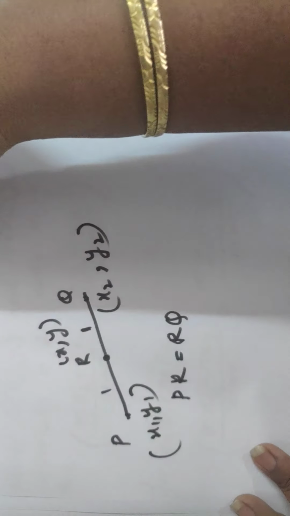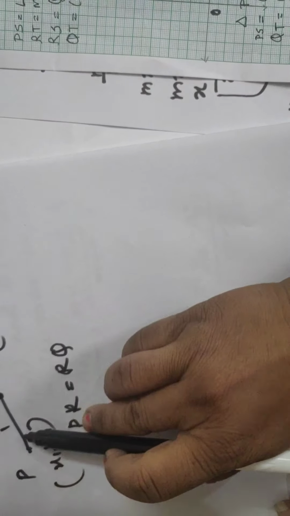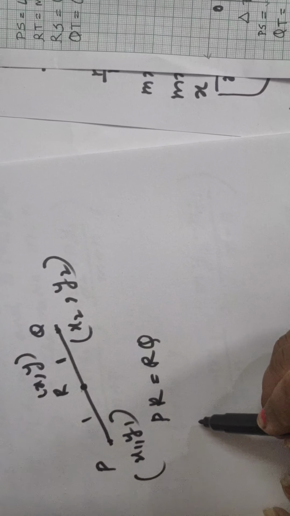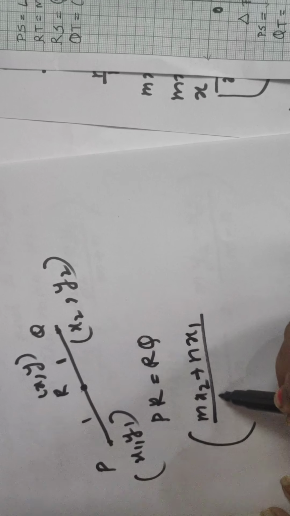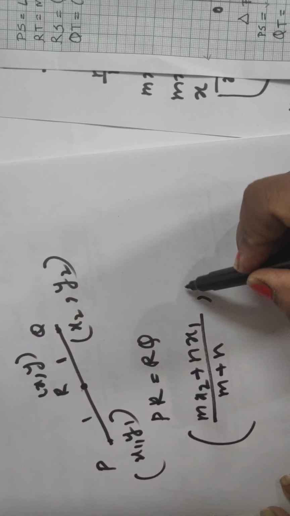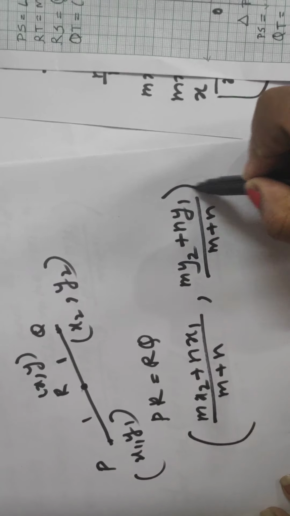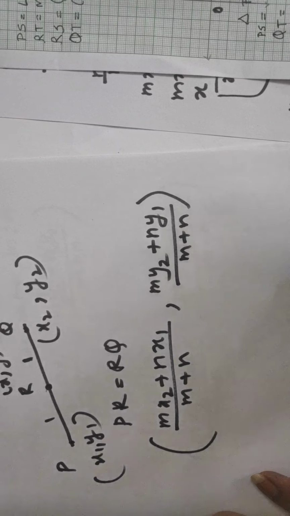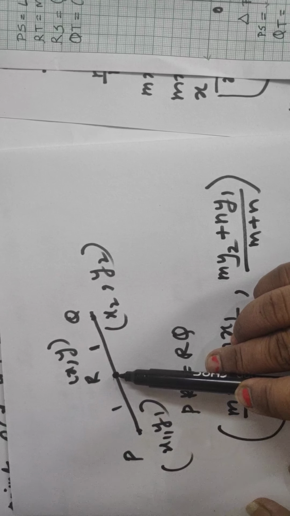As we know, here is the section formula, but the values of m and n are 1 and 1, because it divides the line segment in the 1:1 ratio. So by using the formula we have (mx2 plus nx1) upon (m plus n), and (my2 plus ny1) upon (m plus n), the section formula when the point is internal.